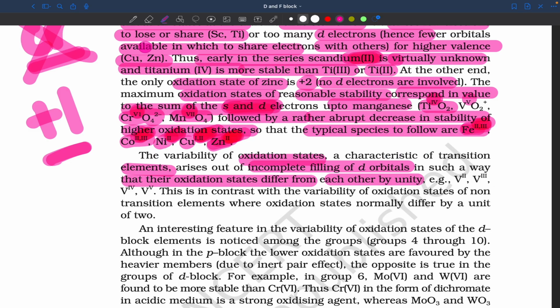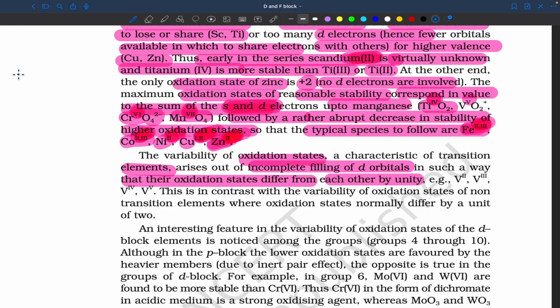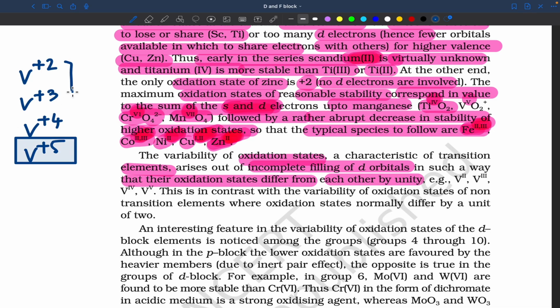The common practice: vanadium can exhibit +2 oxidation number, +3, +4, and +5. The +5 oxidation number is the most stable. The difference here is only 1. Here the difference is only 1. Here the difference is only 1. So this is possible only in d block elements.